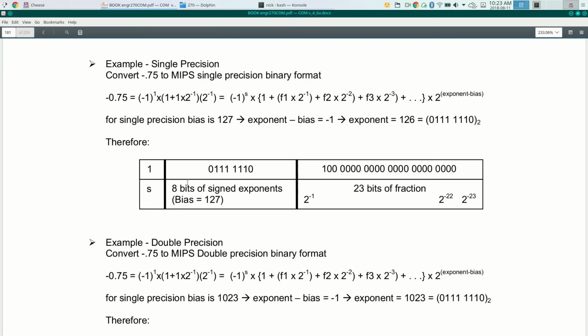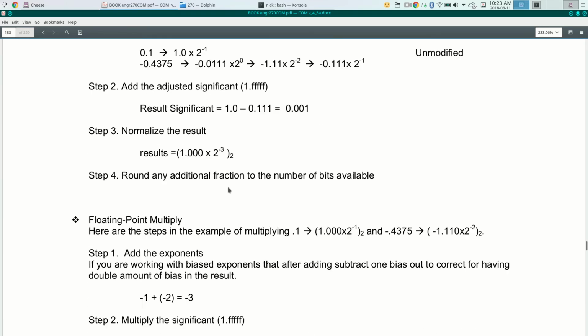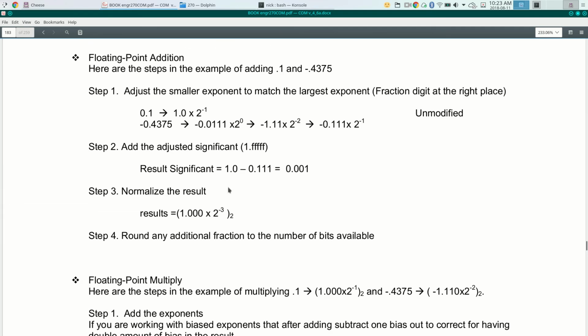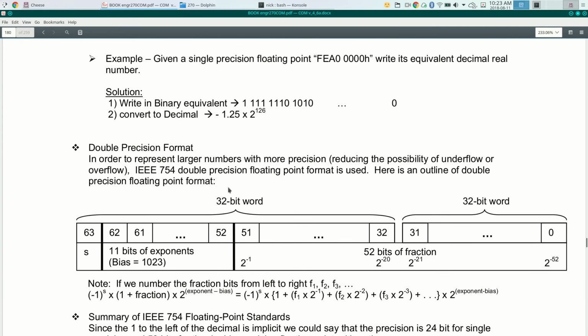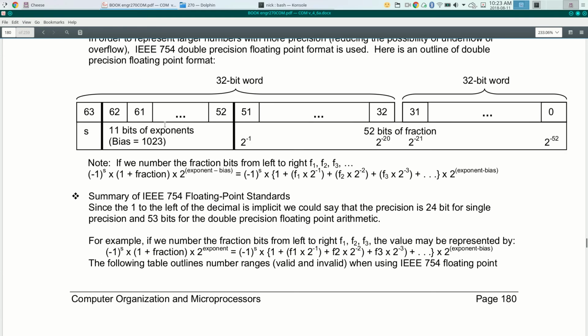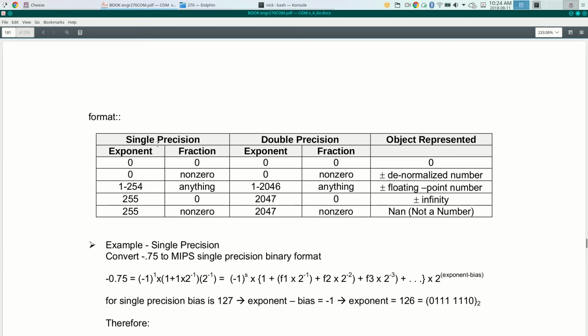You want to look at the book, read through that section in the book, and pay attention in particular to this business of extra notations. So we know single precision, double precision, again, is just a bigger fraction, larger exponent, different bias. But there are some particular formats that have very special meaning. For example, if the exponent is 0 and the fraction is 0, that represents the number 0.